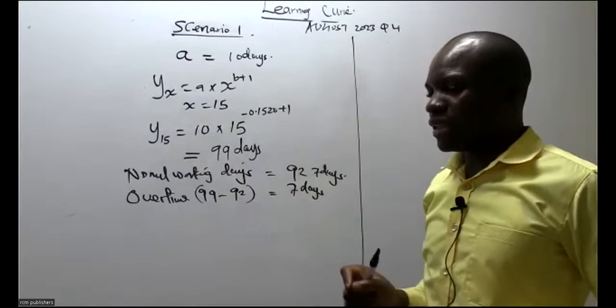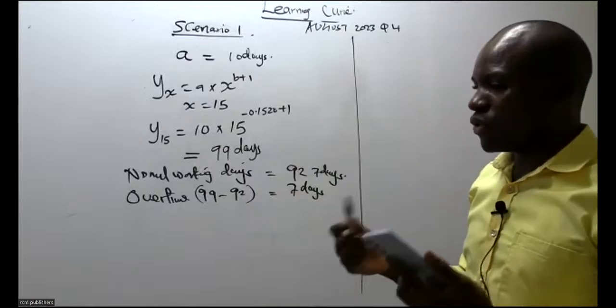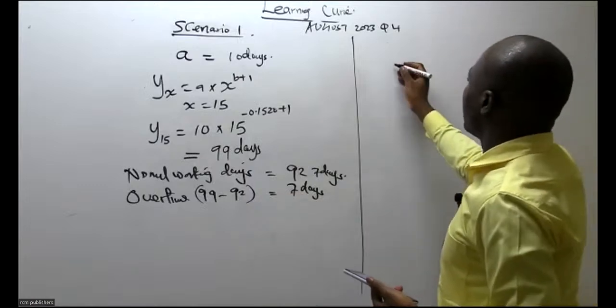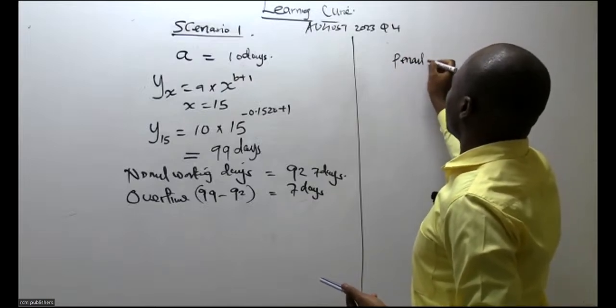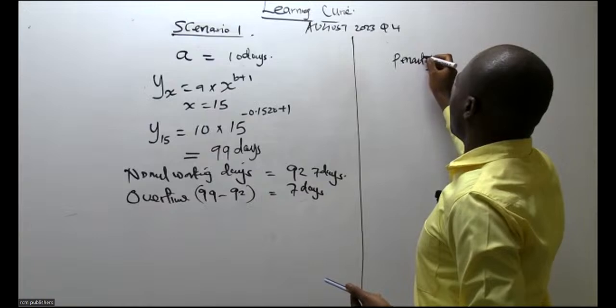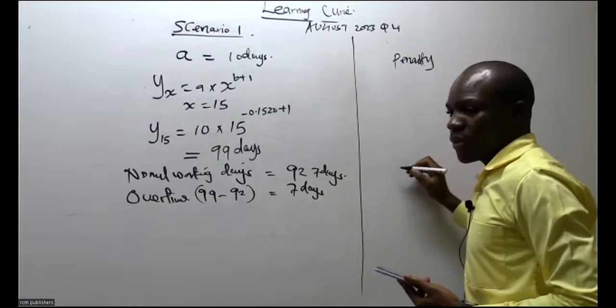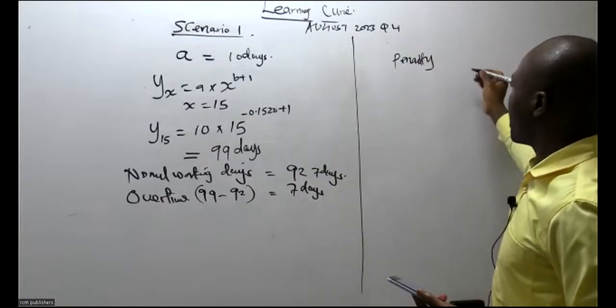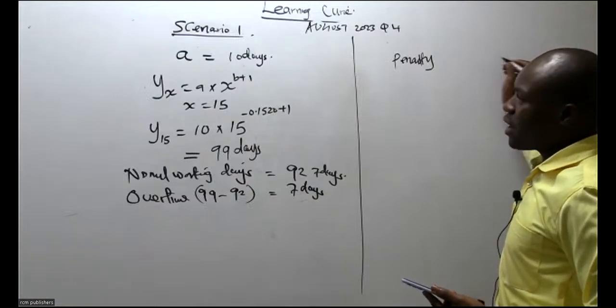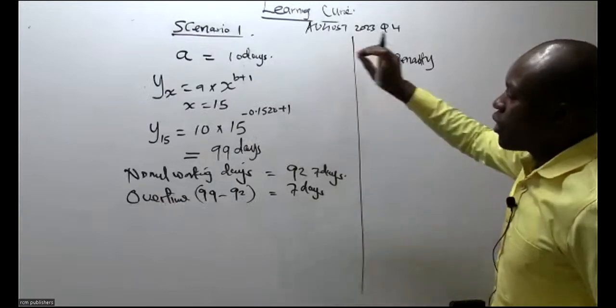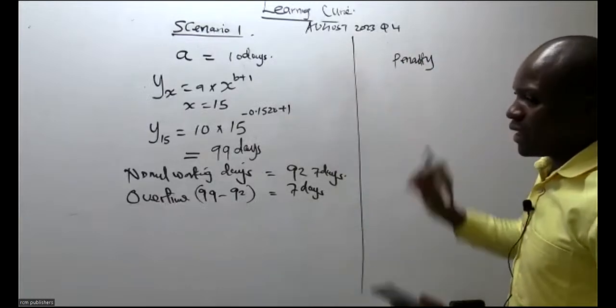So what will be the penalty? The cost of producing these buses. So one, are we able to see the penalty? Penalty ni ngapi? Per bus. Under this scenario, you are only penalized if you deliver it late.